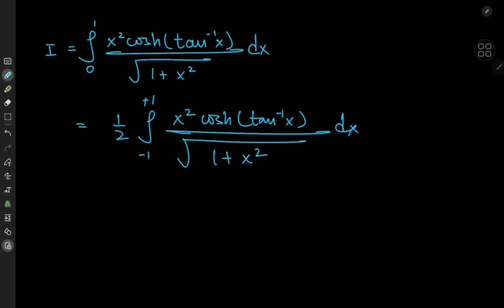Now let's expand the cosh function here, because we know what the cosh of x is. It is e to the x plus e to the negative x divided by 2.